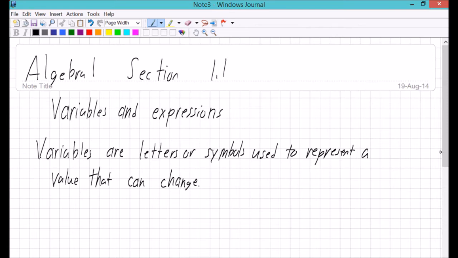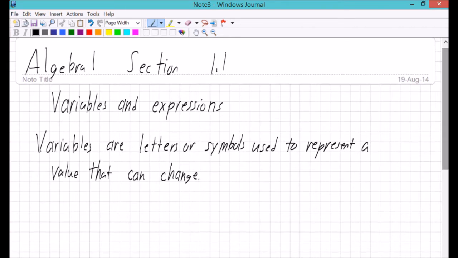So if we're looking at things and we run into something that can change, an example of things that change is how fast your car is going. You're not always going 150 down the highway, thank goodness. So a variable is a letter or symbol used to represent a value that can change.